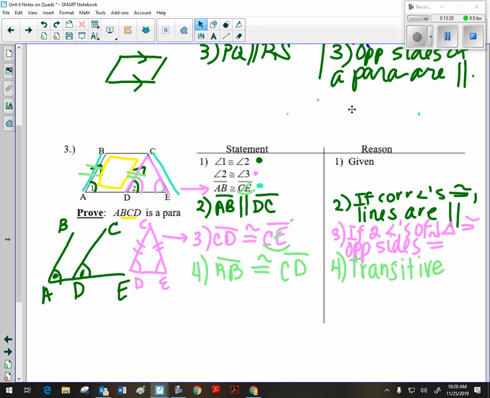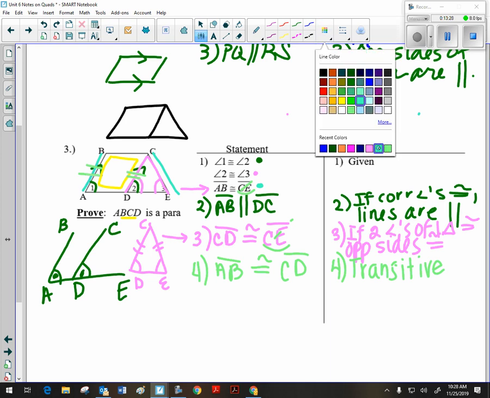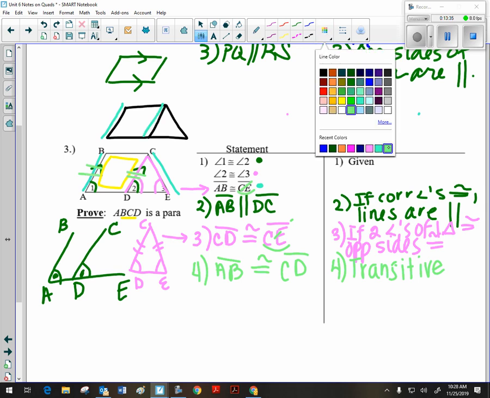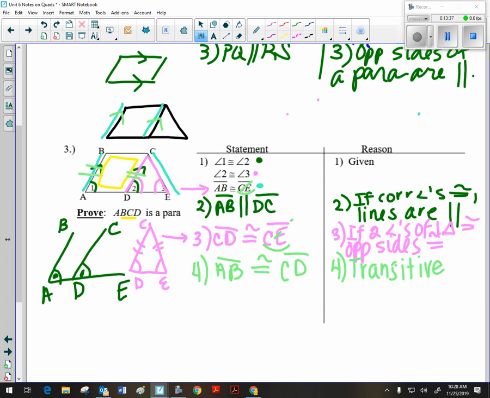So if I was to just draw this shape, what I have in this shape is that these sides are congruent, and then I also have that these are parallel. And if one pair of opposite sides is both parallel and congruent, then the shape will be a parallelogram.